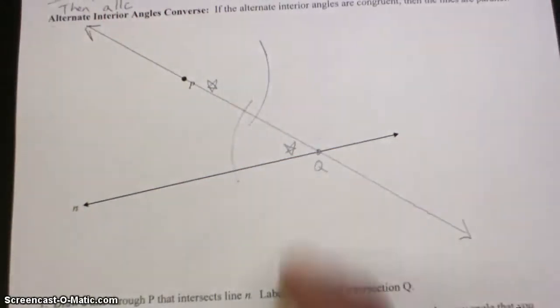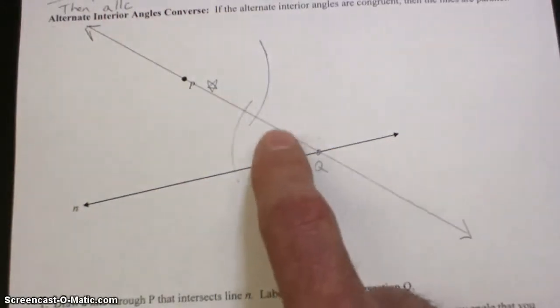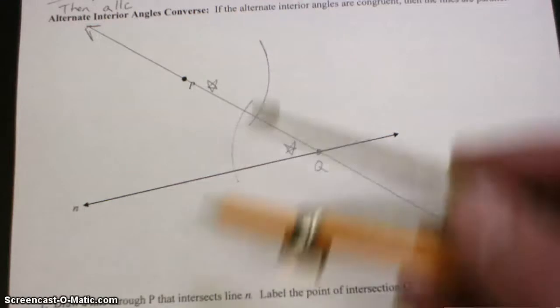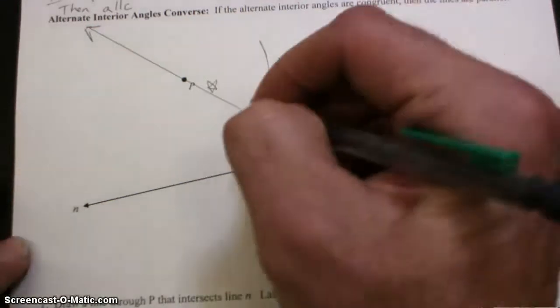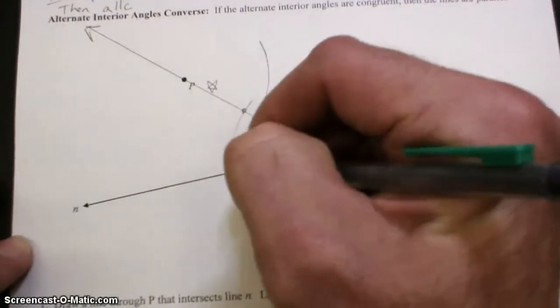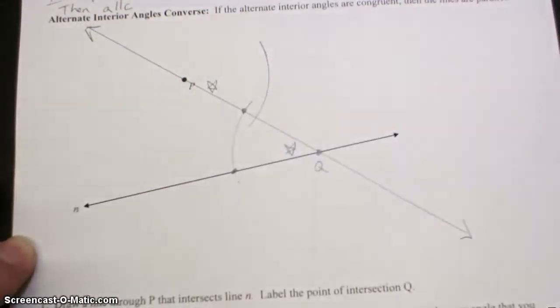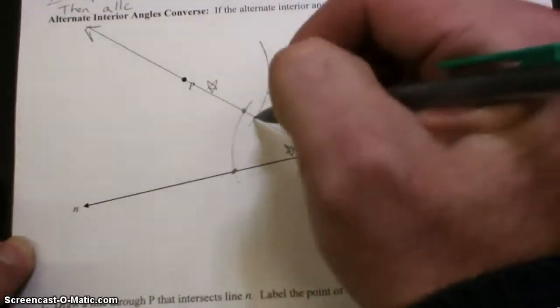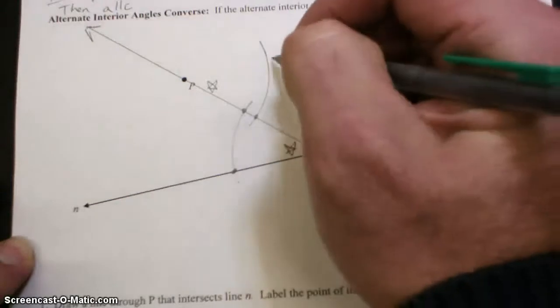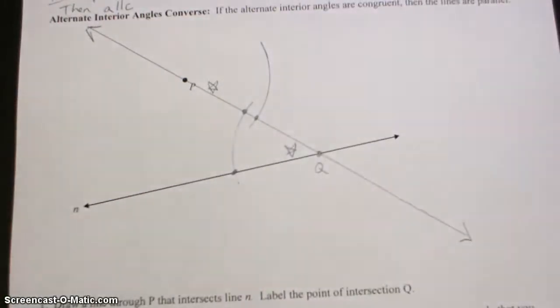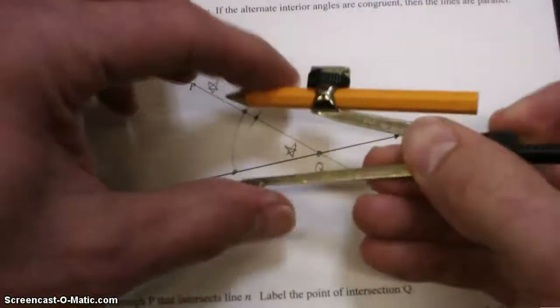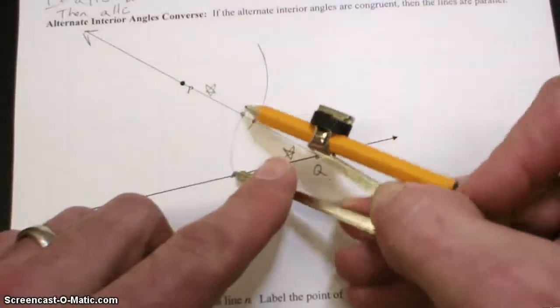Now to copy this angle, I need to find this length. So I'm going to mark this point and this point. And I'm going to transfer that length to this point and another point out here. So I'm going to open up my compass. So my compass is exactly this wide.